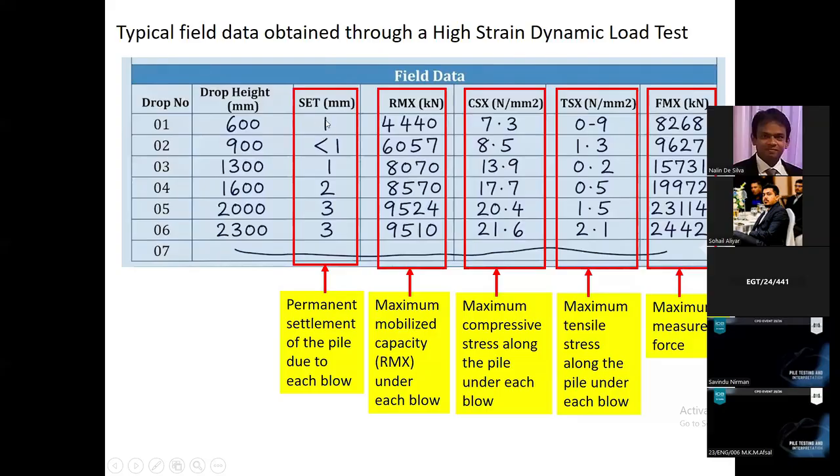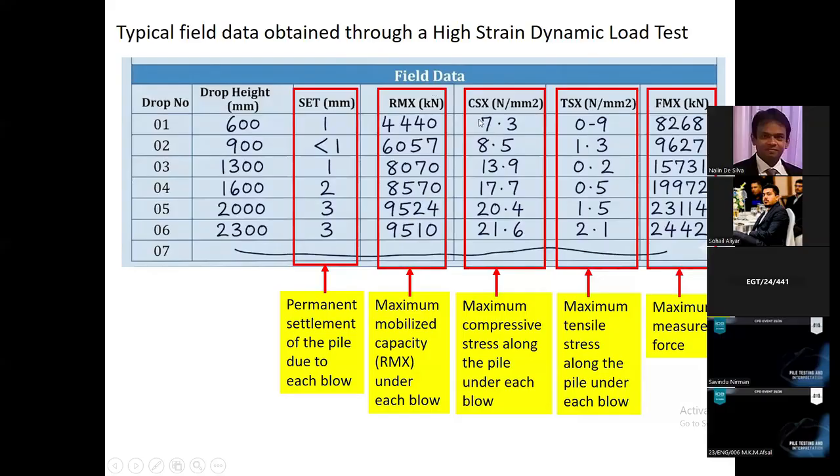This permanent settlement is set. In addition to the RMX value, we can also estimate the maximum compressive stress, maximum tensile stress, and the maximum force transferred to the pile. These values can be checked with the allowable compressive strength and allowable tensile strength of concrete or steel or whatever pile material.